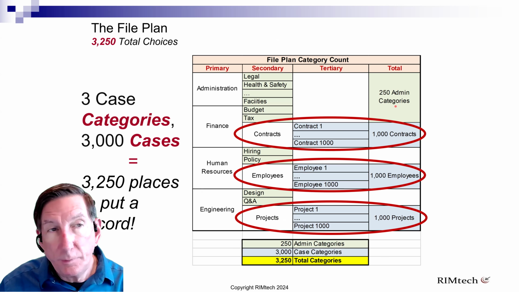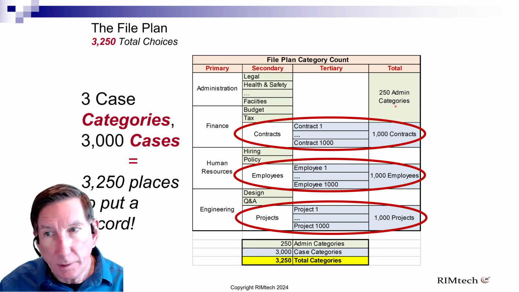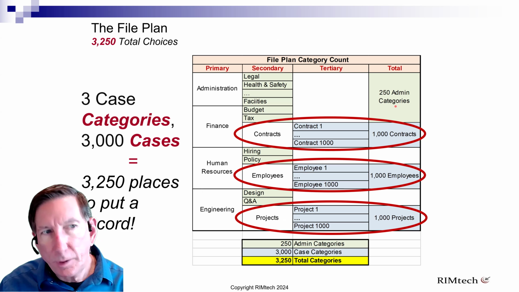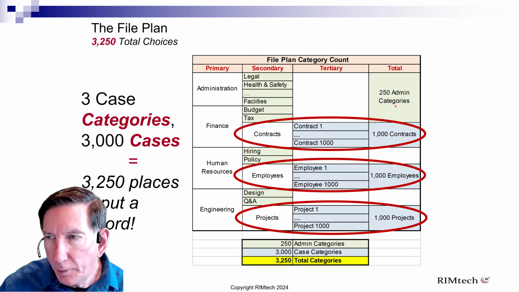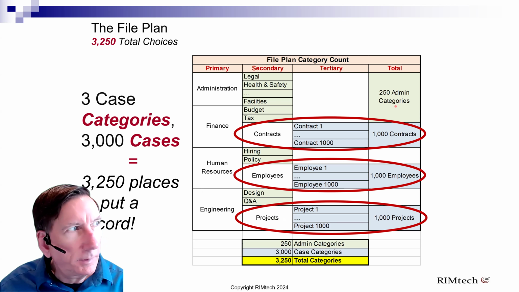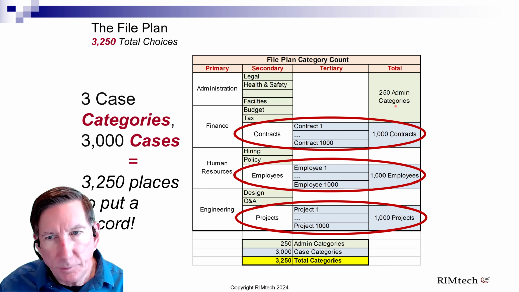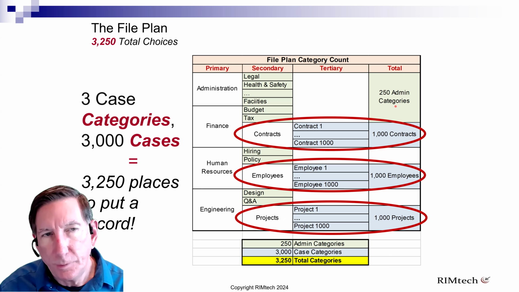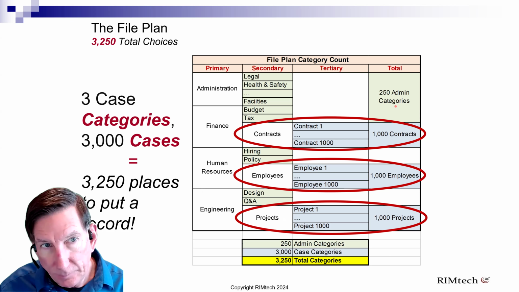That's your job. That's called the SharePoint information architecture, right? We've got to set aside places for cases. And in this example, there are 3,000 cases. And not only do we need 3,000 storage locations or places, but we also need to store 3,000 end dates, right?